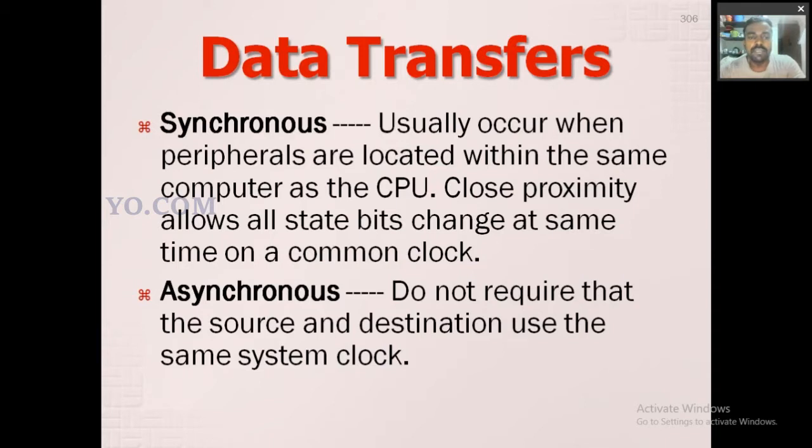But synchronous means transmitter and receiver are both operated at the same frequency. If the frequency is changed in a synchronous system, that will affect the performance of the entire system. Okay, so these are the two types of data transfer.